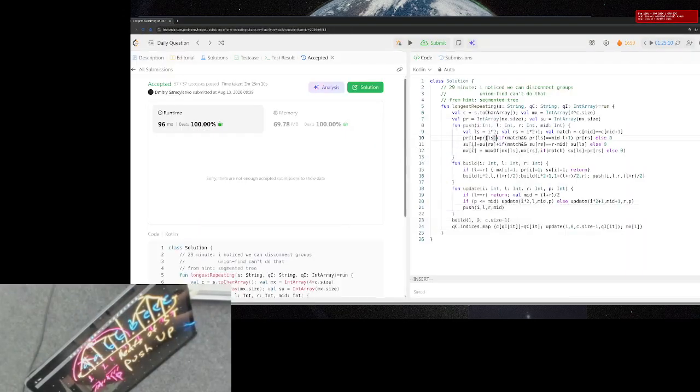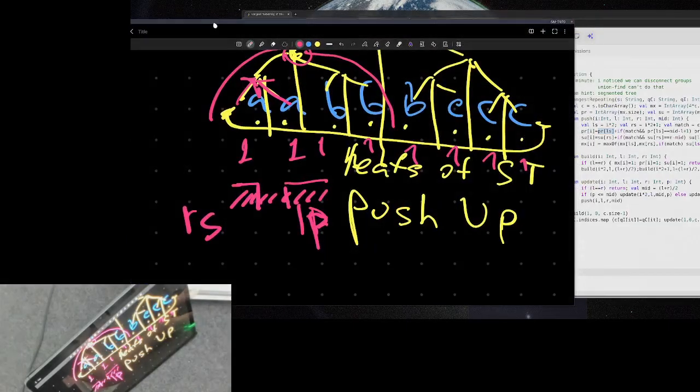So if the characters match between left and right, we do merging the prefixes first. The prefix of the current parent equals the prefix of the left.